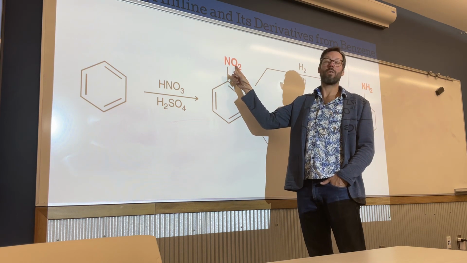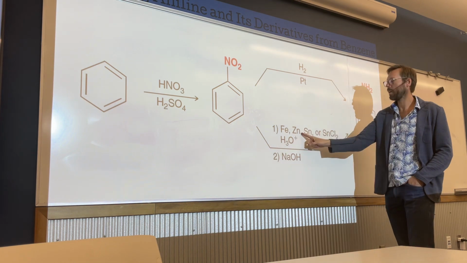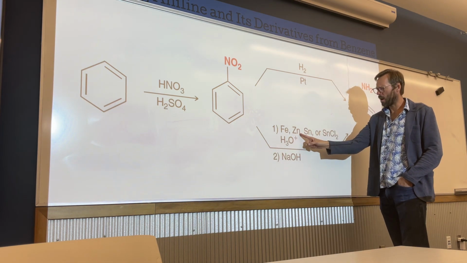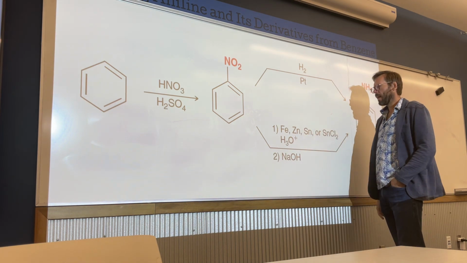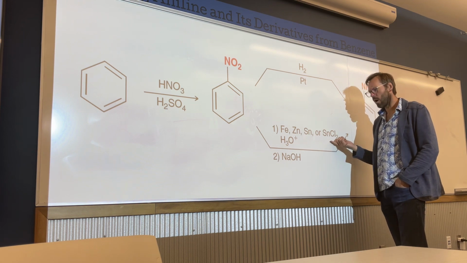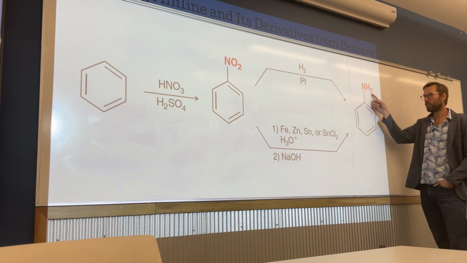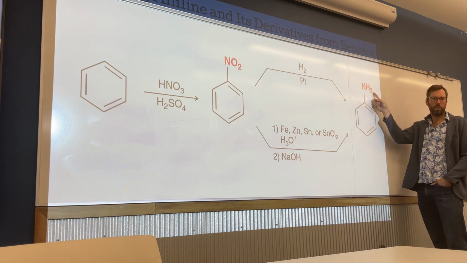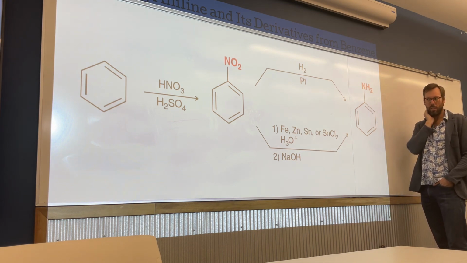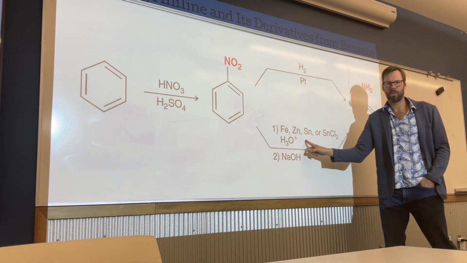And then you'll probably remember, I think most often we use zinc chloride, but we can use other metals as well, and sodium hydroxide to reduce it from a nitro to an amine group. And this was the path we took.